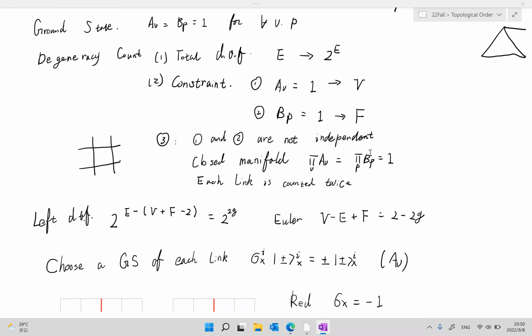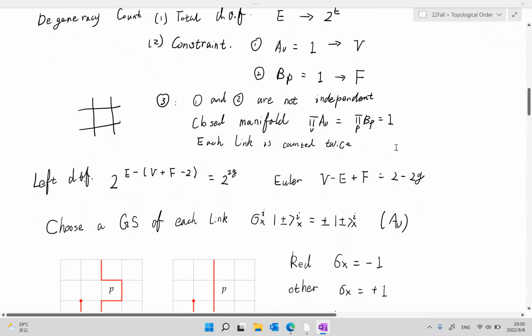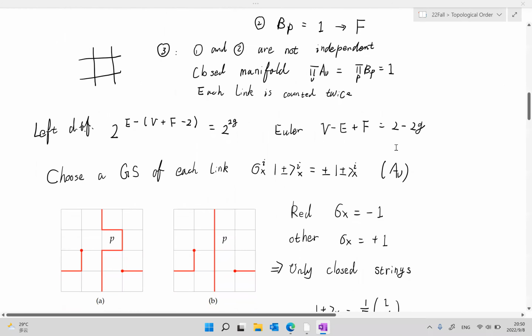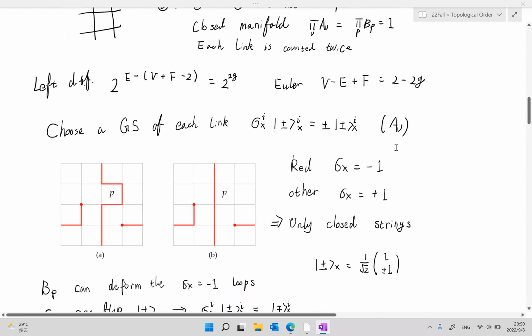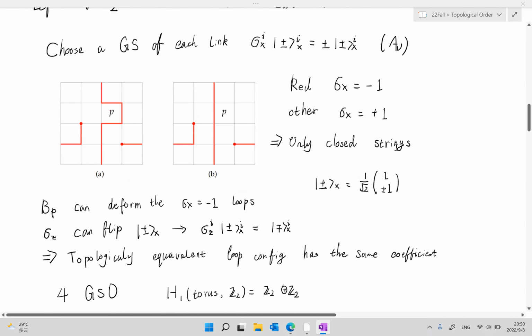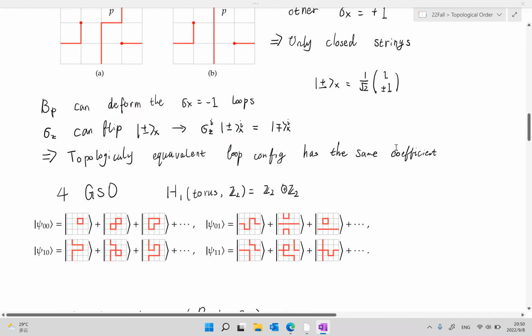So when you have an A_V equal to -1, you must have another A_V equal to -1. So this E particle should be created in pairs. Okay, thank you.